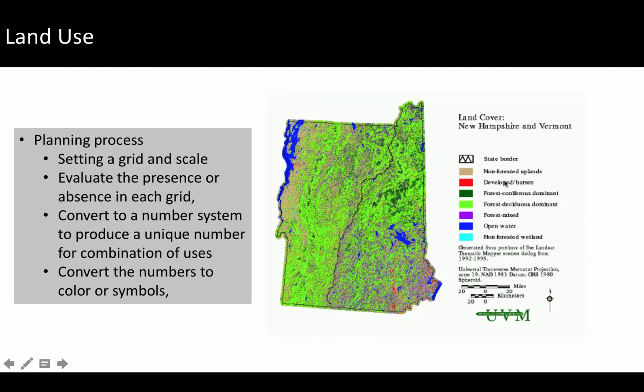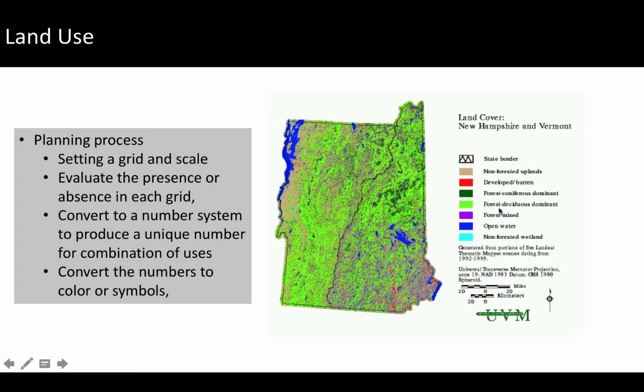So here's an example of a map showing land use. We have open water, forest, mixed forest in purple, coniferous forest, developed or barren land down here in the southern part of this region of New Hampshire and Vermont.